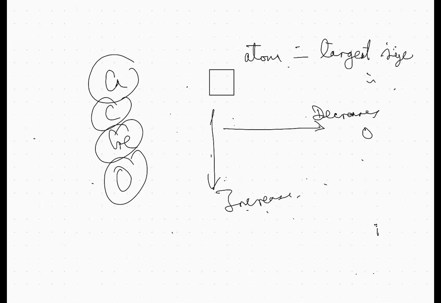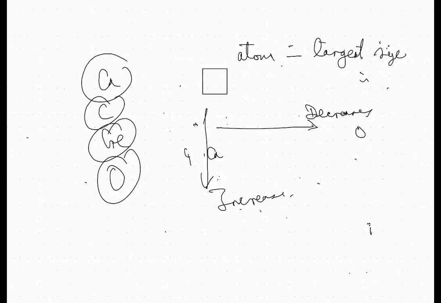Calcium is in the fourth period, somewhere here. Oxygen is in the second period. Carbon is next to oxygen here. And germanium is somewhere there. These are in the same groups, and then calcium would be the higher one.